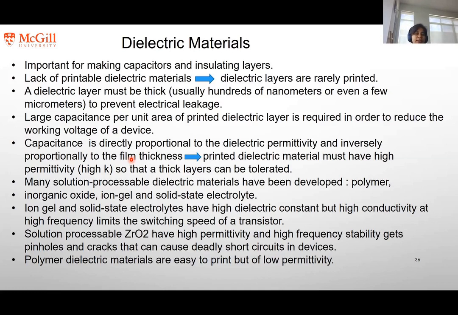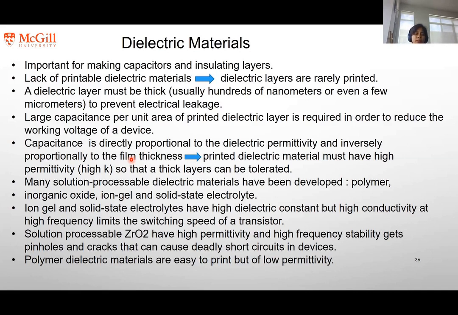So there are different solution processable dielectric materials: polymer-based, inorganic oxide-based, ion gel-based, solid-state electrolyte-based. Ion gel and solid-state electrolytes have pretty high dielectric constant, but they also have high conductivity at high frequency, which can limit the switching speed of transistor.